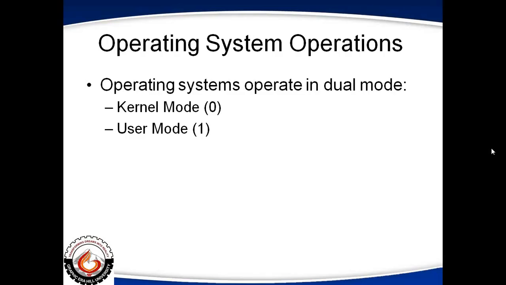In kernel mode, operations are performed by the kernel, and in user mode, operations are commands generated by the users. For differentiating between kernel and user mode, operating system uses a single bit notation. For kernel mode 0 bit is used, and for user mode 1 bit is used.